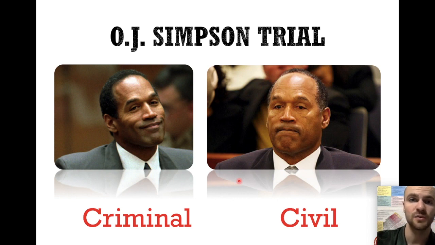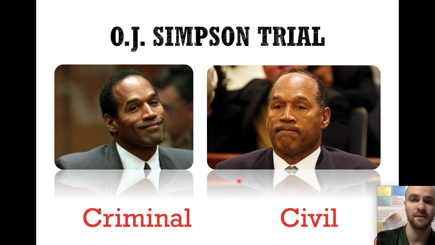The jury believed that over half of the evidence, which is the preponderance of the evidence, was not in O.J. Simpson's favor, and therefore they ruled against him. They found him not guilty, but liable for the killing of Ronald Goldman, and therefore O.J. Simpson had to pay damages to the parents of Ronald Goldman.